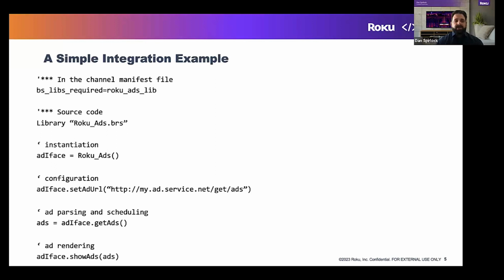So you can see we instantiate the Roku ads framework, give it an ad server URL, tell it to fetch some ads, and then when we want to render the ad, we simply call show ads. So this is a very basic example using a client-side ad insertion example. So in this use case, when you wanted to display an ad in your channel, that's when you would fetch the ad and render the ad.